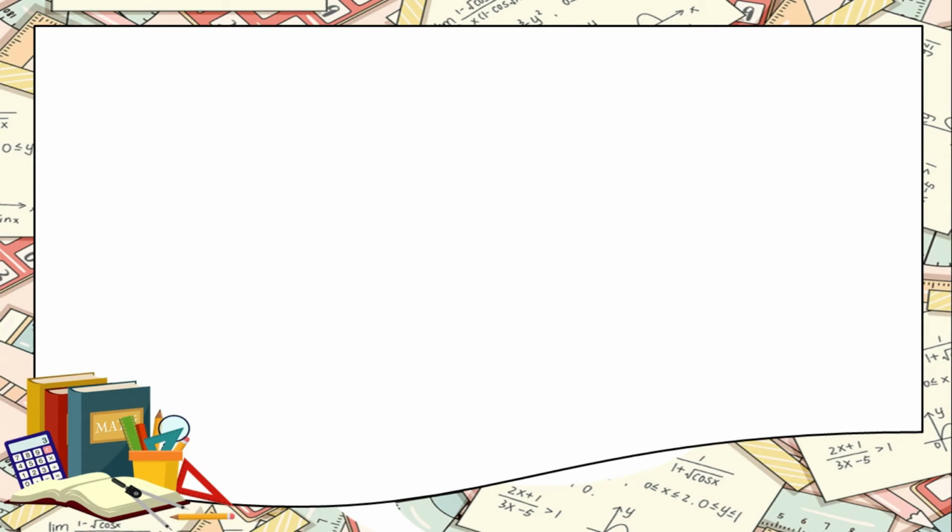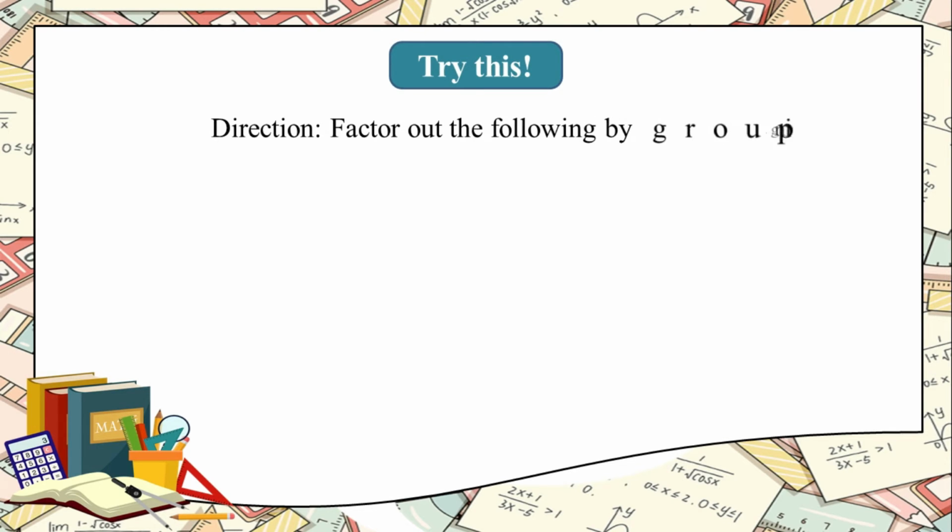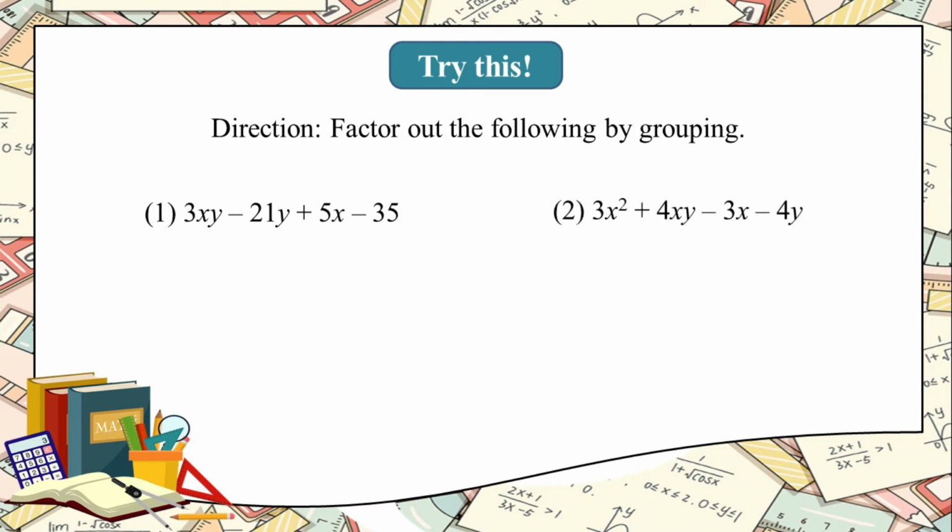Now, let us understand it better. Let us try and factor the following polynomials given below using grouping method. We have number 1, 2, number 3, and lastly, number 4.